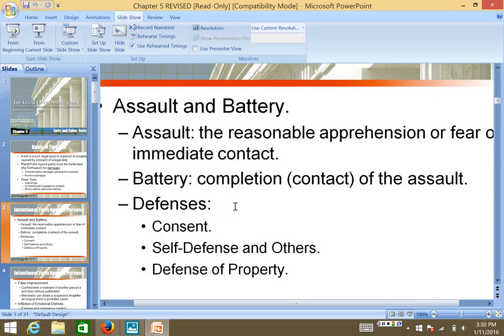If the party being attacked, for example, could utilize self-defense in order to protect themselves, then you can use that same defense to protect them as well. As long as the defense was good for them, it's also good for you if you are protecting them.